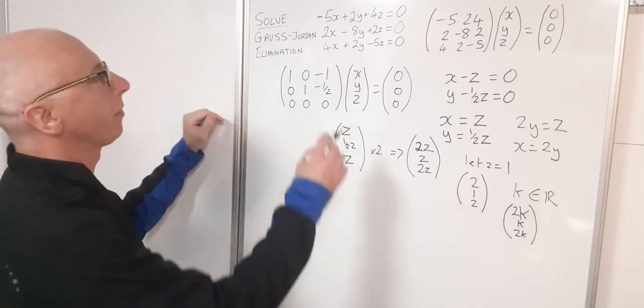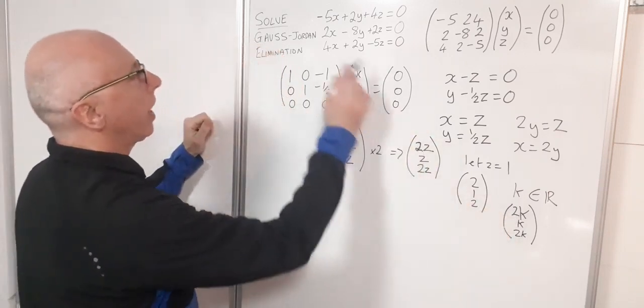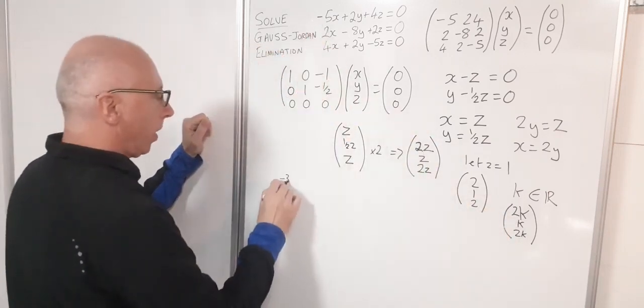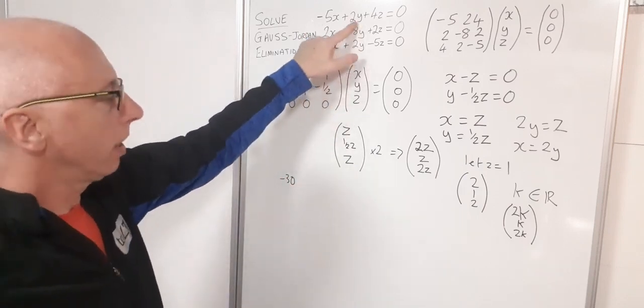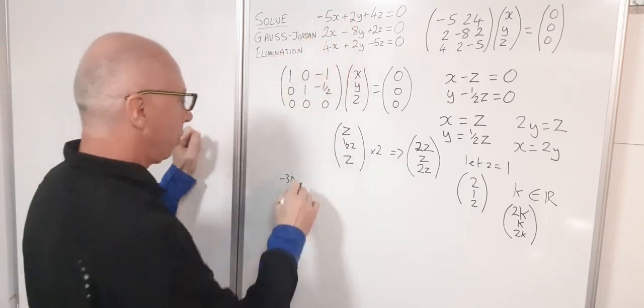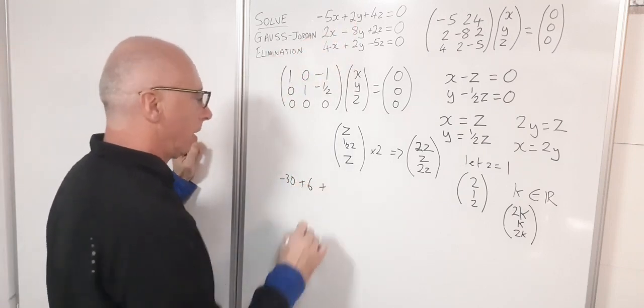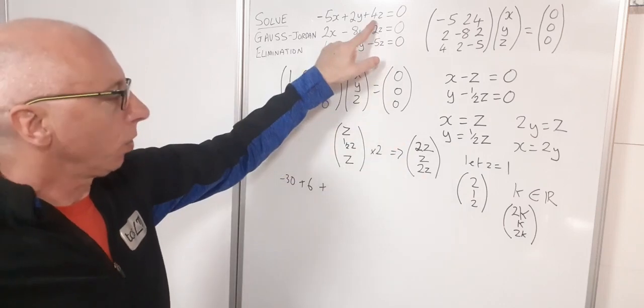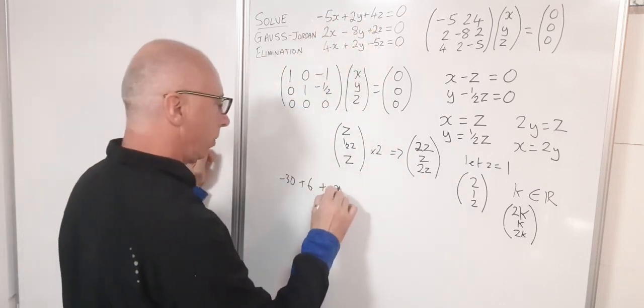So let's try that. Let k equal 3. So I've got 6 for x, that's minus 5 times 6, which is minus 30. 2 y's, while k is 3, so that's plus 2 times 3, which is plus 6. And then plus 4 times 6, which is 24.